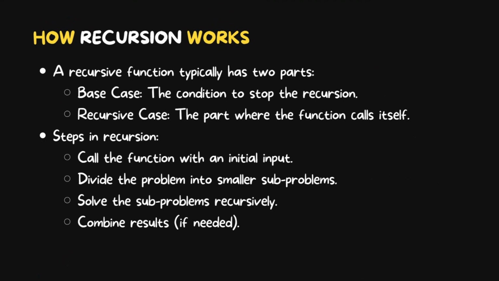Each recursive call opens a new door until you reach the end of the hallway, the base case. Once you hit the base case, you close the doors one by one, returning the results back through each function call. So the steps in recursion are: call the function with an initial input, divide the problem into smaller subproblems, solve the subproblems recursively, and combine the results if needed.